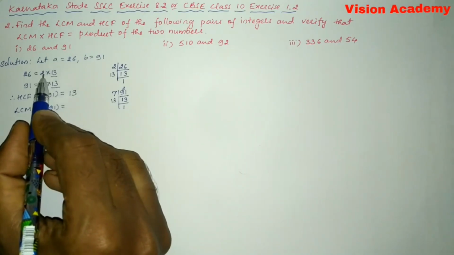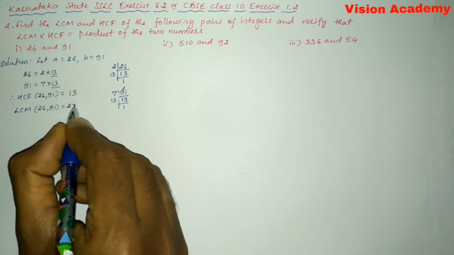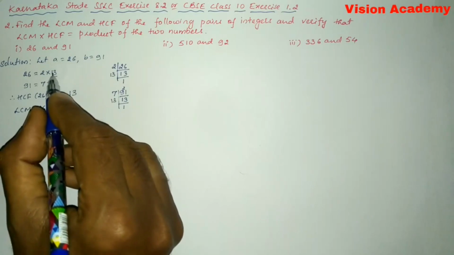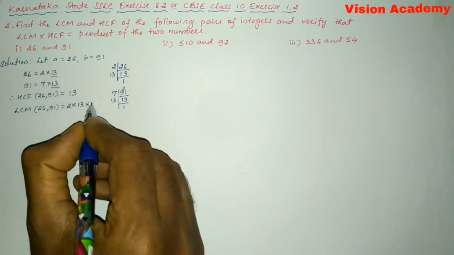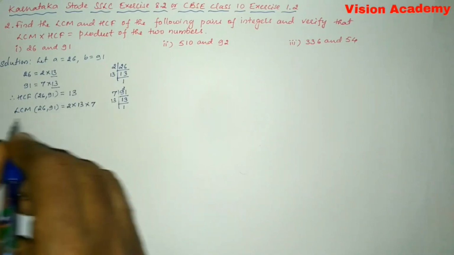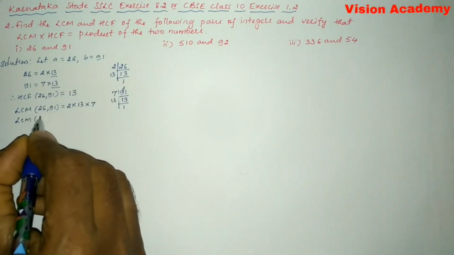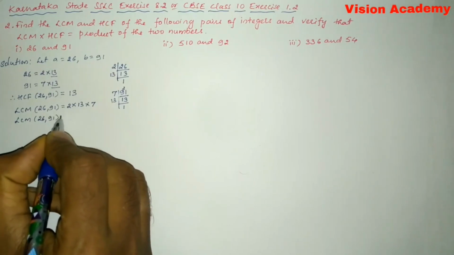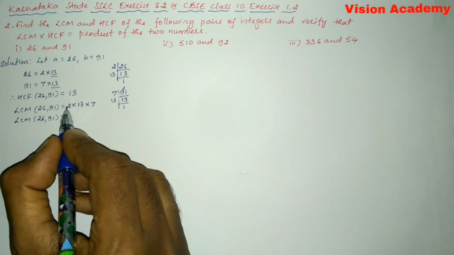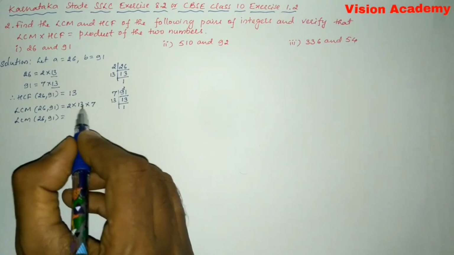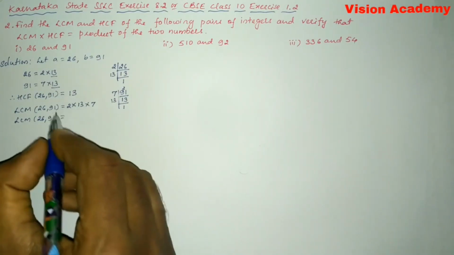So here 2 is present, let us write 2 into, now 13 is present, write 13 into, and 7 is present, write 7. So this gives us LCM of 26, 91 is equal to, here 13 2s are 26. So 26 7s are 182.